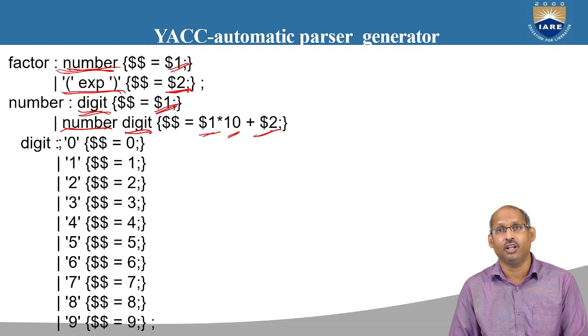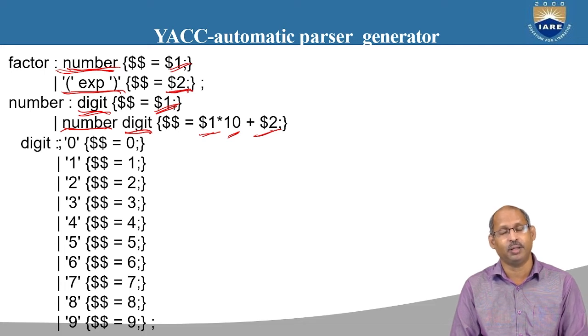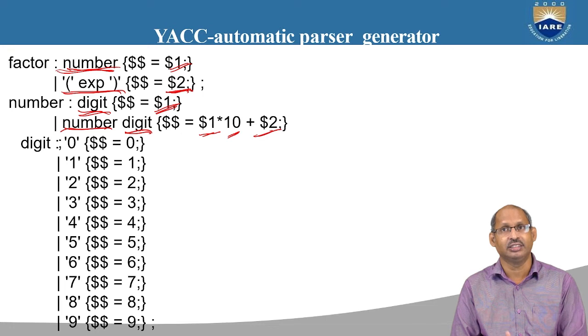Right? So depending on the number of times it is repeated, the value is multiplied with 10 and added to the value of 2. So ones, tens, hundreds, thousands and so on.